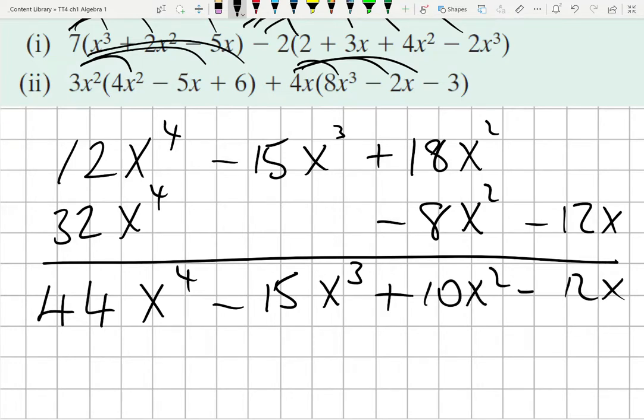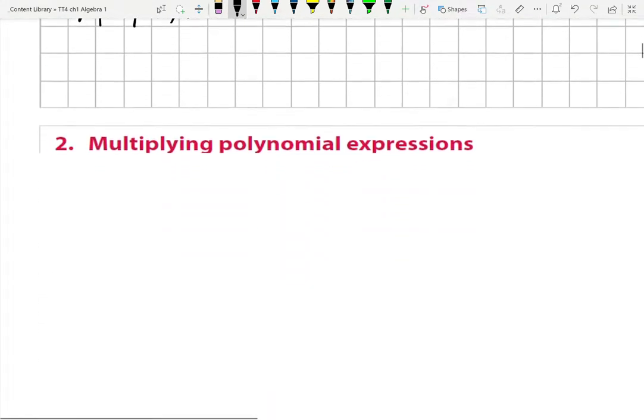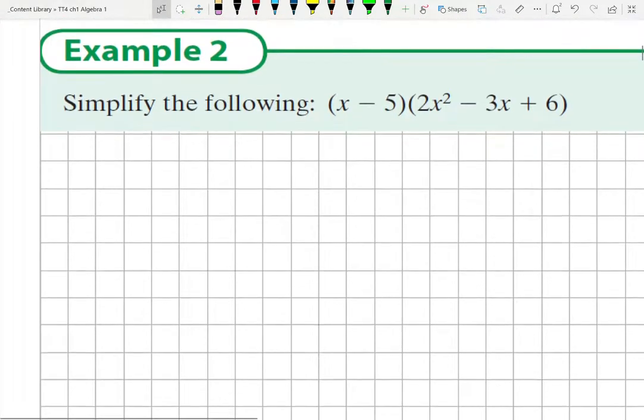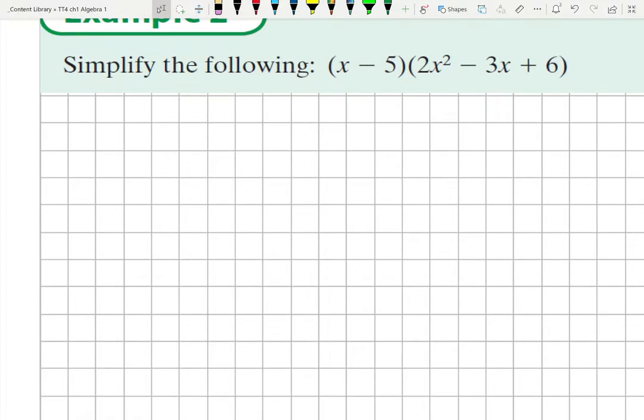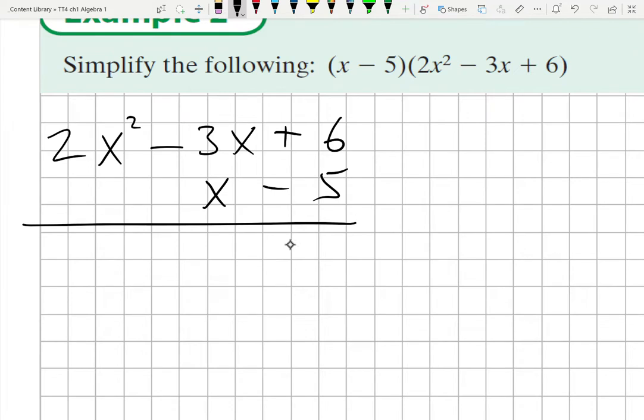That's the answer there. Okay, now this is where our place value strategy will come into its own. So I'm going to do it with the variable factors in there, and then I'm going to strip them out. Is that multiplication?